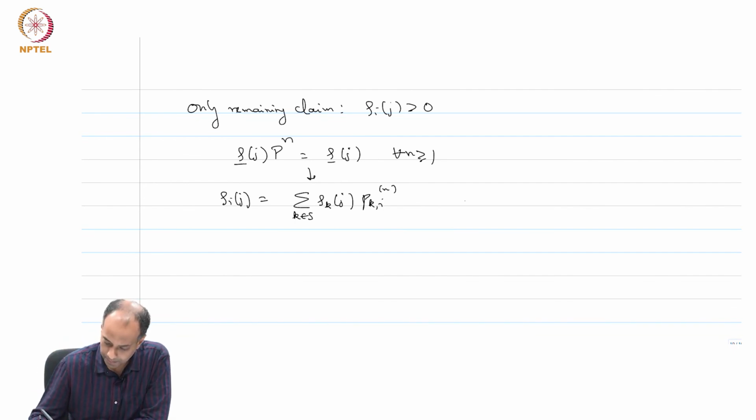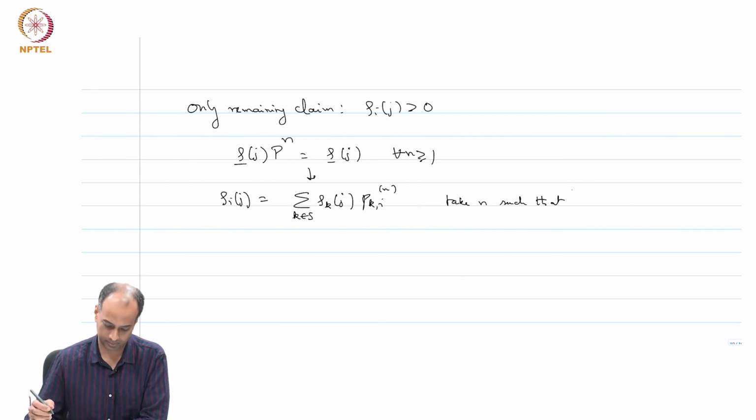So there exists n, take n such that p_ji^(n) is strictly positive.